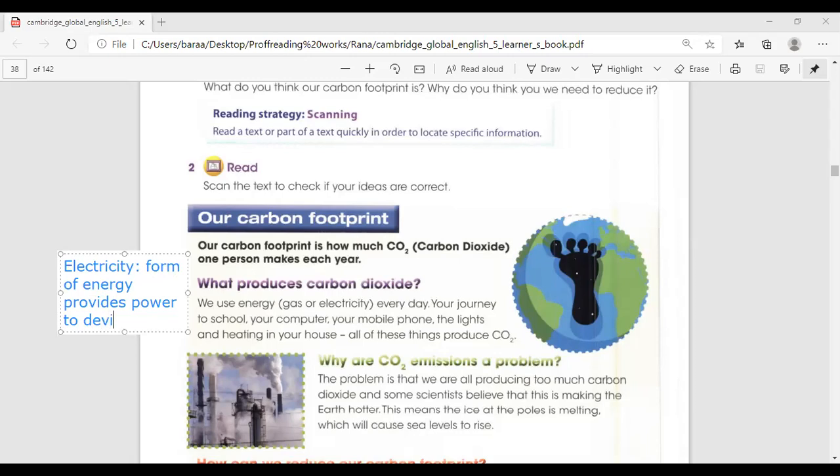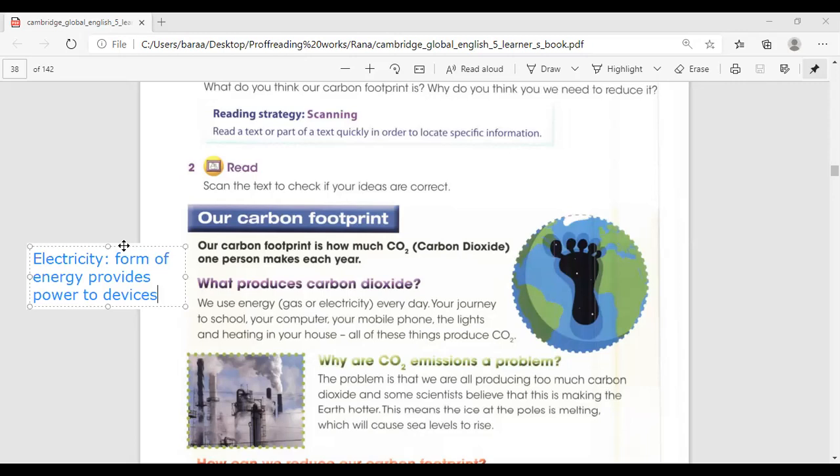Okay, so this is the meaning of electricity. Just memorize it, guys. It's too easy.